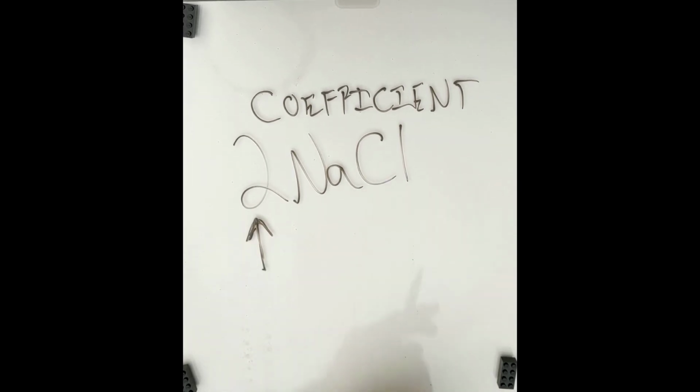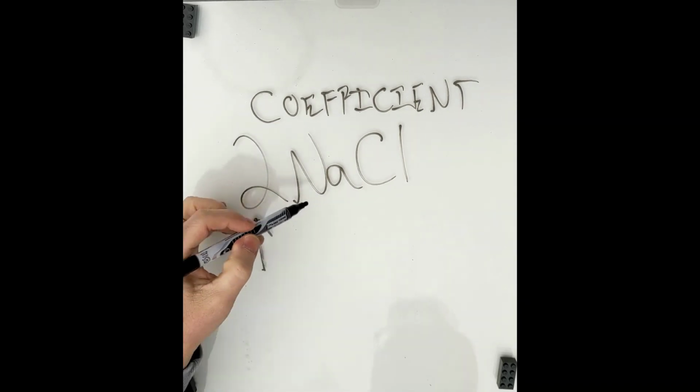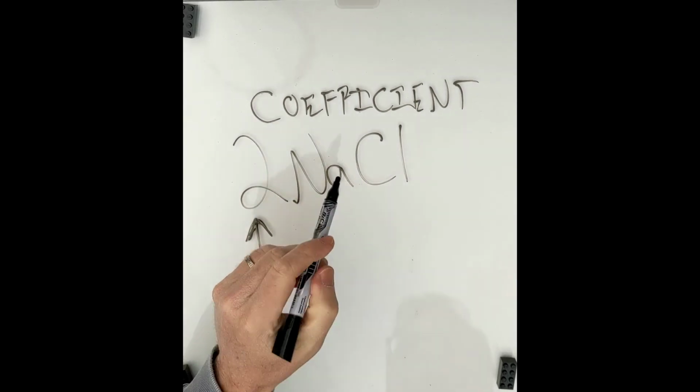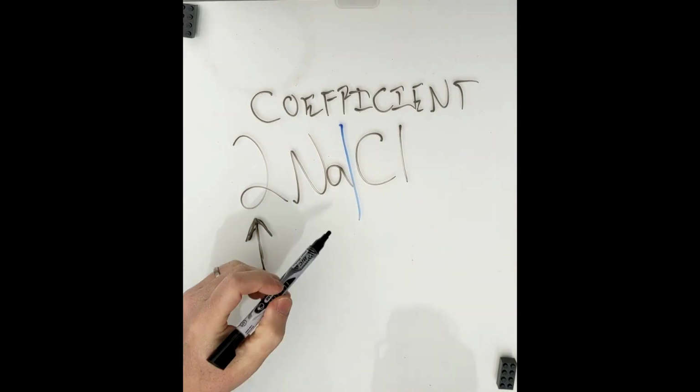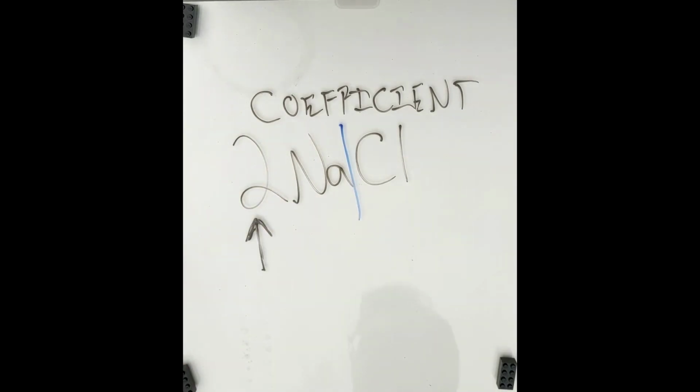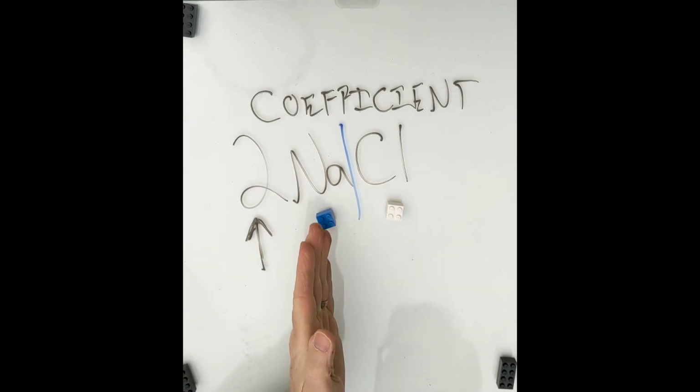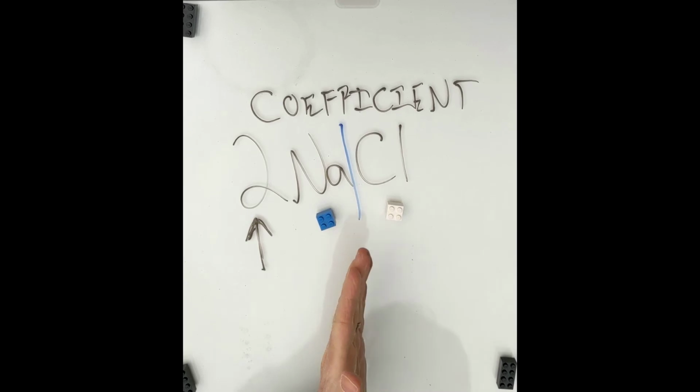Okay, so let's take a look. So 2NaCl. Well, there's no subscripts here. Here's your breakdown of where the elements are. There's a sodium and a chlorine, if we want to throw the Legos on here, just to show you. Well, the formula has a sodium and a chlorine, one of each.